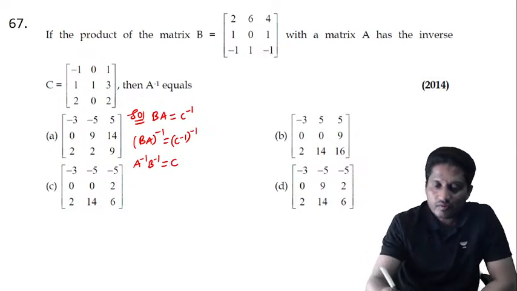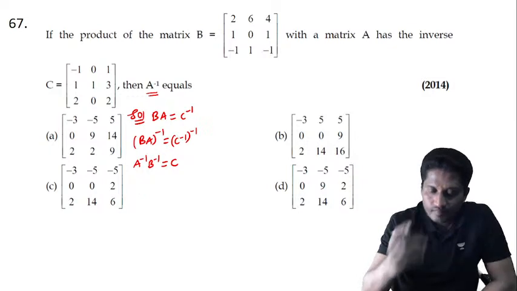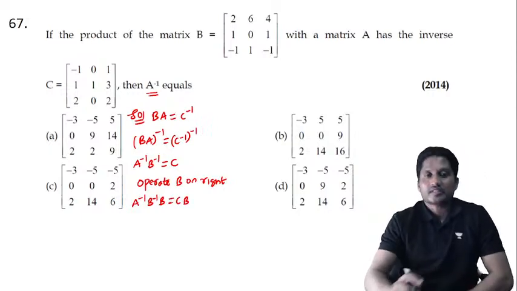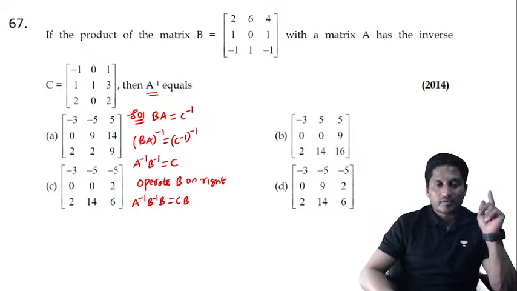Right, I'm supposed to find out what is A inverse. Now if I operate matrix B on the right, follow carefully guys. A inverse into B inverse into B is equal to C into B. Did you understand? If I operate B on the right, because A into B is not equal to B into A, you can't multiply wherever you want.